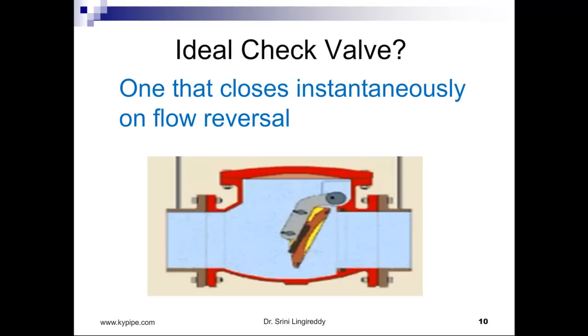Just at the time of flow reversal, the velocity in the pipeline would be zero. If we have a check valve that closes right at that instant, the change in velocity would be zero, because the velocity itself through the pipeline is zero. That means delta H, the resulting pressure increase, would be zero. That means it's basically a silent closure, and that would be the ideal check valve.